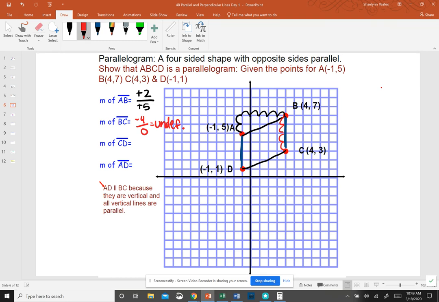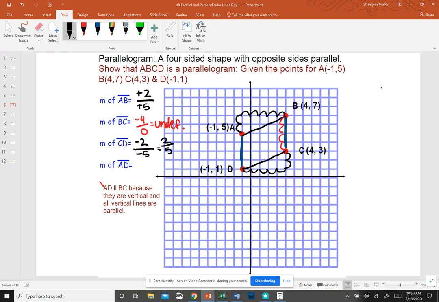Now if you take a look at CD, I go down 2, so that'd be negative 2, and then over 1, 2, 3, 4, 5 to the left. So that'd be over negative 5. So a negative 2 divided by negative 5 is actually a positive 2/5.